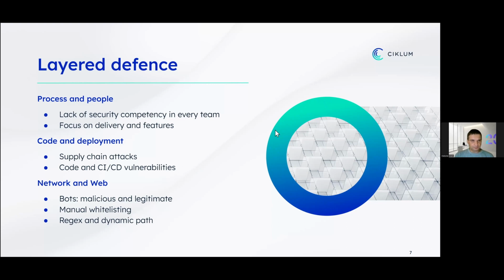Another thing that we need to consider is the CI/CD process and the protection from supply chain attacks. Basically, we're using lots of libraries, lots of public Docker images, lots of external dependencies, lots of cloud services and lots of tweaks and configurations.